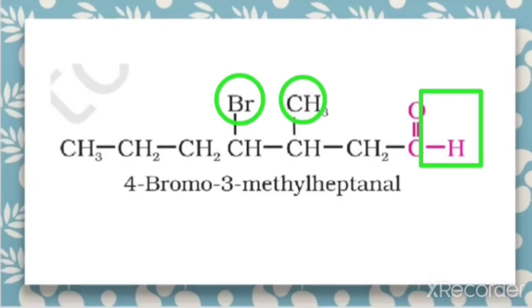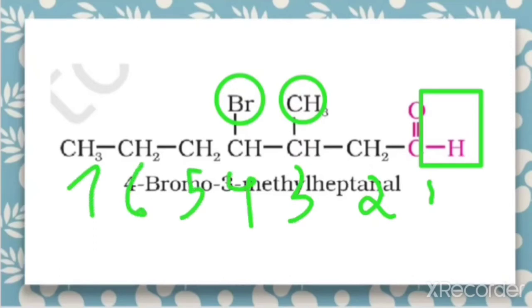As the aldehyde group is the functional group, we need to number from here as 1. This is the first carbon, because there is no other functional group in this one. So this aldehyde carbon should be the first carbon. This one is the second, then this one is the third, 4, 5, 6 and 7 carbon. So total 7 carbon atoms are there.